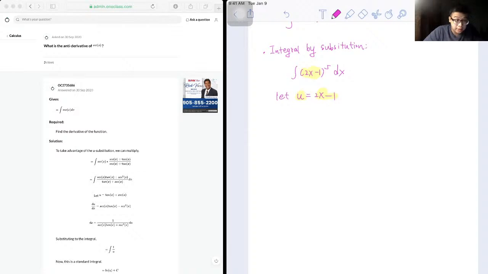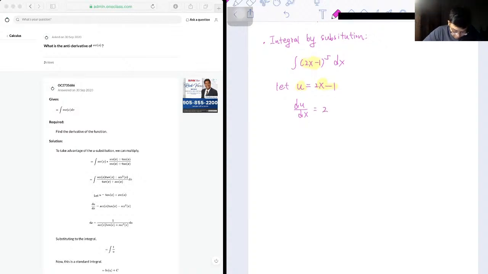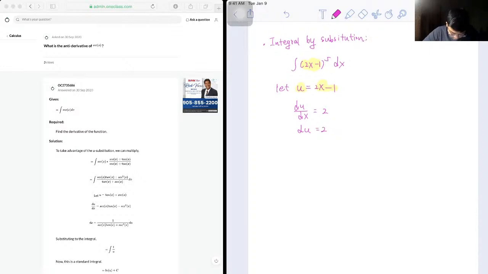And then we solve du dx, which we get by taking the derivative of u. This will give us a 2. So du will be equal to 2 dx.